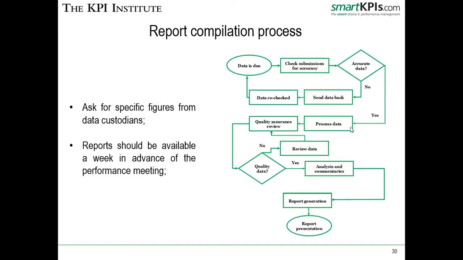In the case that the data is accurate, we'll process the data and make the quality assurance review. If the quality of data is according to what we are targeting, we can proceed with making the analysis and interpretation of data. If not, we can make a further review of data.